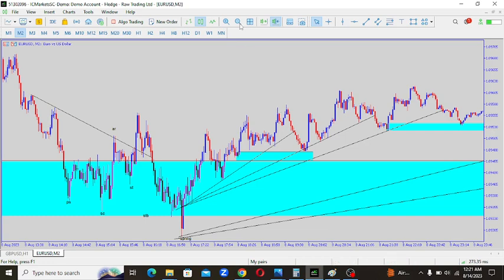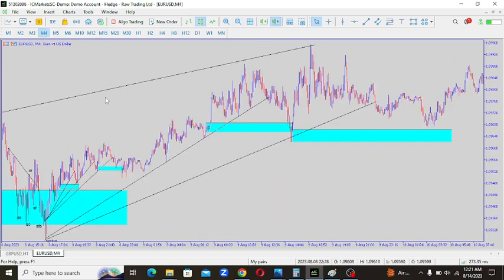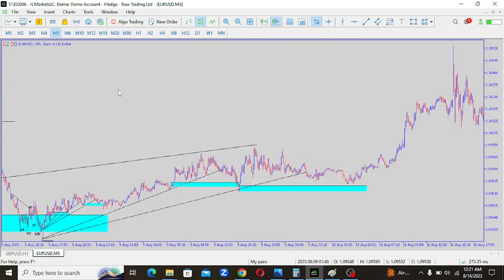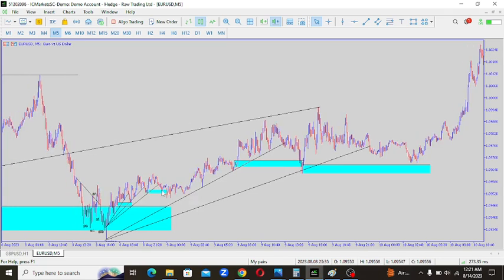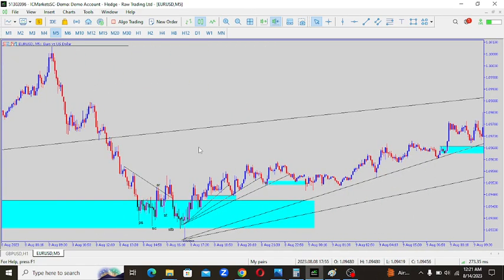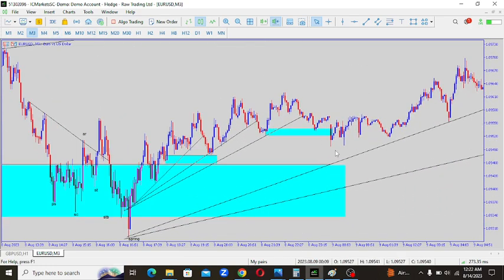You see, a second entry was taken around this area. When I took this entry, I wouldn't say I wasn't sure, because we have to speak in terms of probabilities.